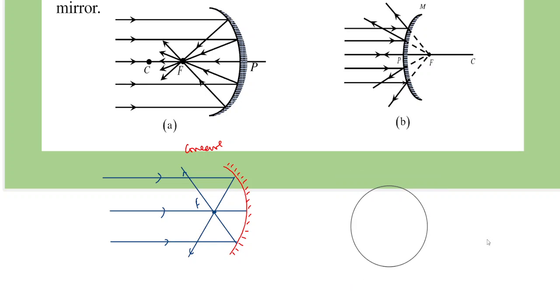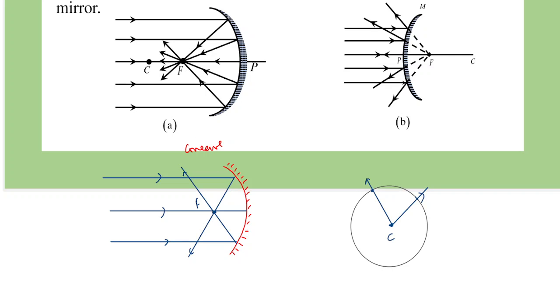If this is the center of this circle, which is a sphere in 3 dimensions, at this point, if you want to find the normal, then we draw a radius vector. So this is the normal at this point. The same way, if you want to find the normal at this point, again we draw a radius vector from here. So the normal to a sphere would be its radius vector.